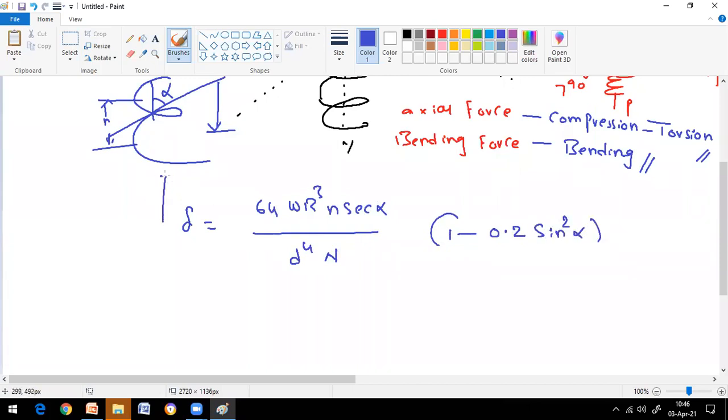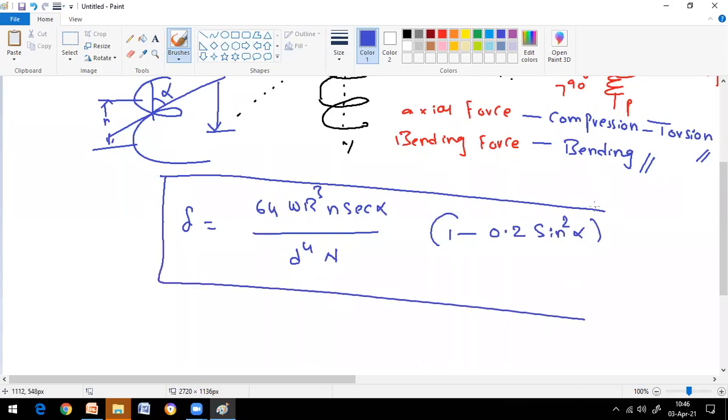See guys, no need to worry about the derivation of this open coiled helical spring, because deriving this will require a lot of mathematical knowledge. Anyway, I'm going to share this derivation with you, but these formulas are very important to solve the problems.